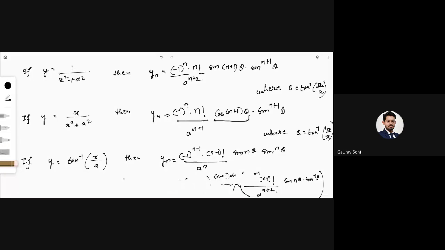You can add these three formulas. You can also derive what happens when it is tan inverse of a by x, that too you can derive, but I'm not going to go into that detail. I'll immediately go for the example.